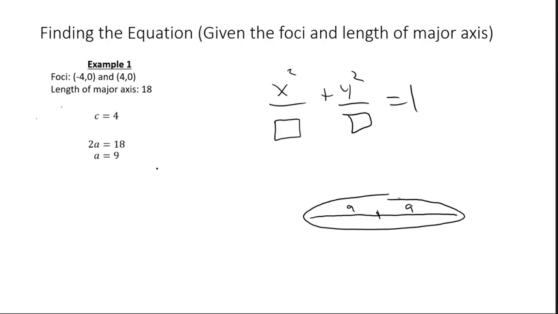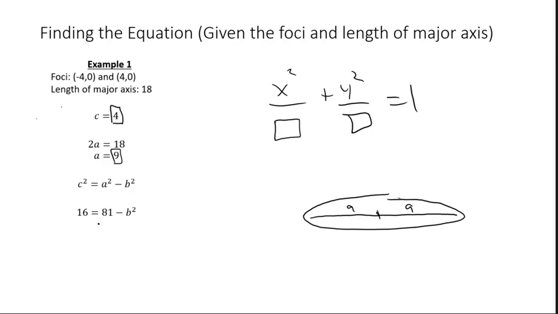We can use that to find b, because remember we said the relationship between a and c is c squared equals a squared minus b squared. So you can plug in the 4 and the 9 for c and for a. We got 16, so 4 squared, and then 81 for 9 squared, and then solve for b.